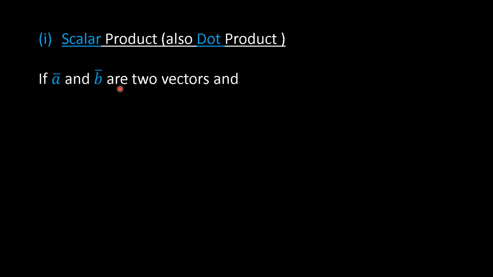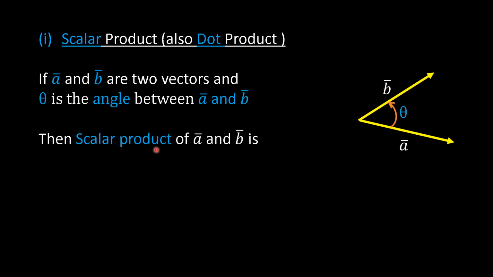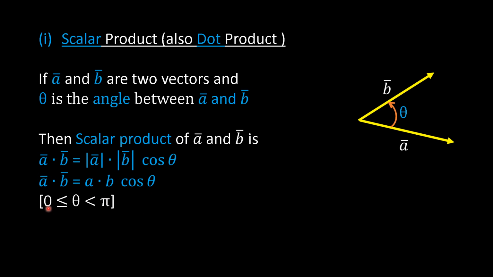If a bar and b bar are two vectors, and theta is the angle between a bar and b bar, then scalar product of a bar and b bar is a bar dot b bar equals mod a bar multiplied by mod b bar cos theta, or simply ab cos theta, where theta lies between 0 and pi.